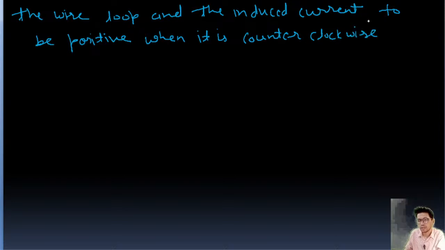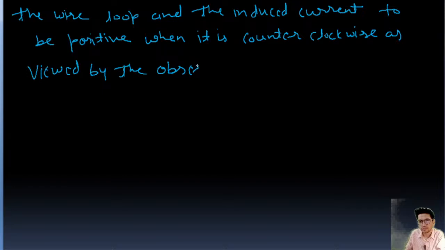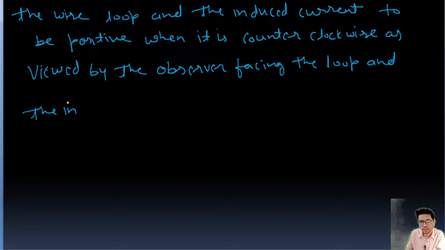Counterclockwise means anti-clockwise direction. Counterclockwise as viewed by the observer facing the loop and the incoming magnet.